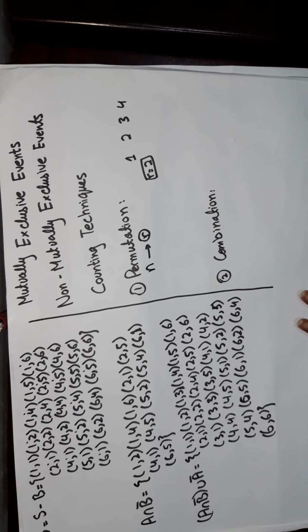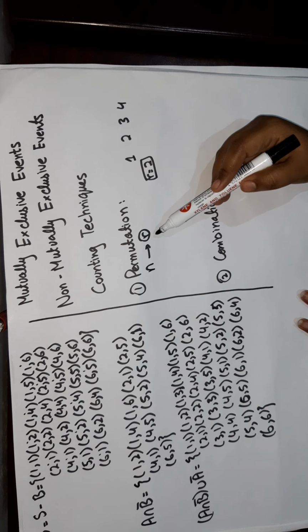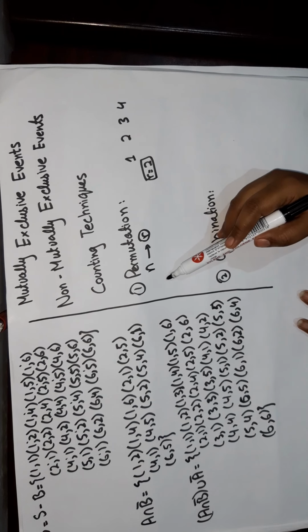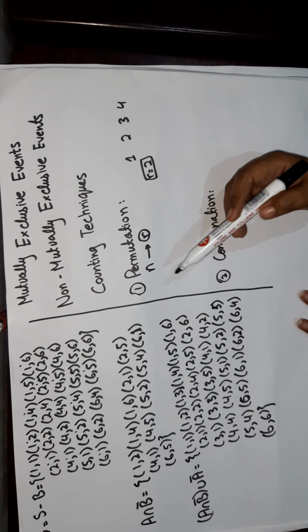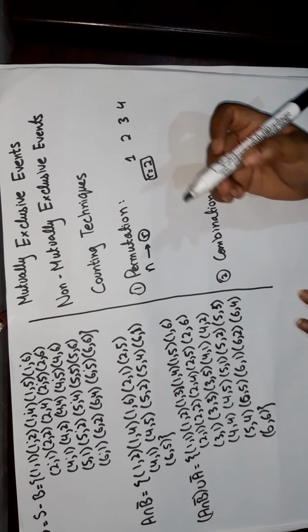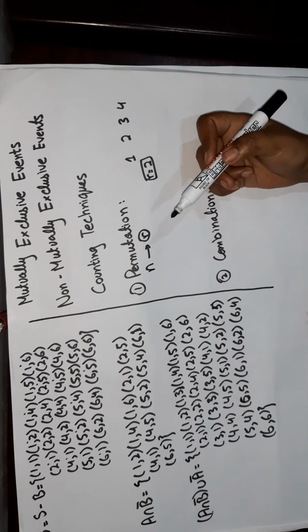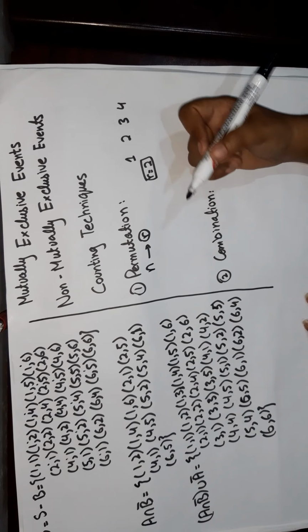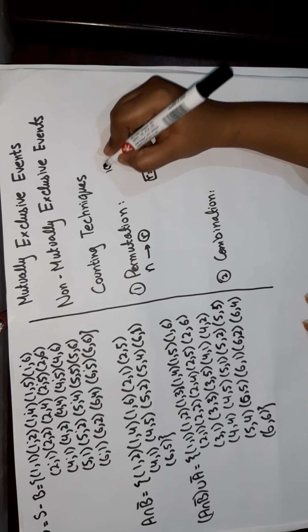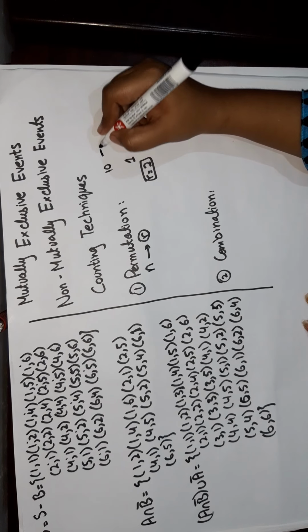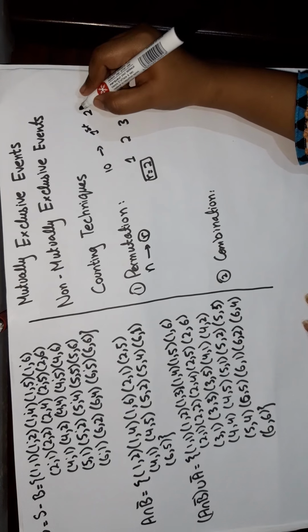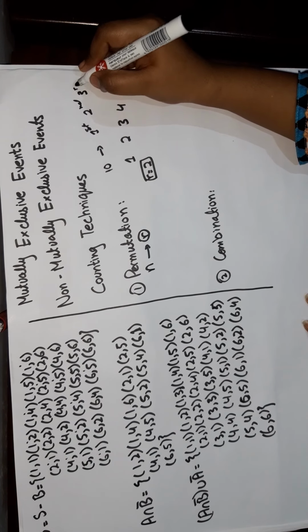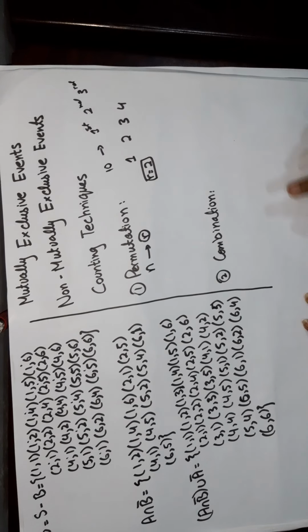Permutation is the number of ways of selecting r objects from n objects with regard to order and position. For example, you have 10 students and you have to select first, second and third positions from these 10 students.